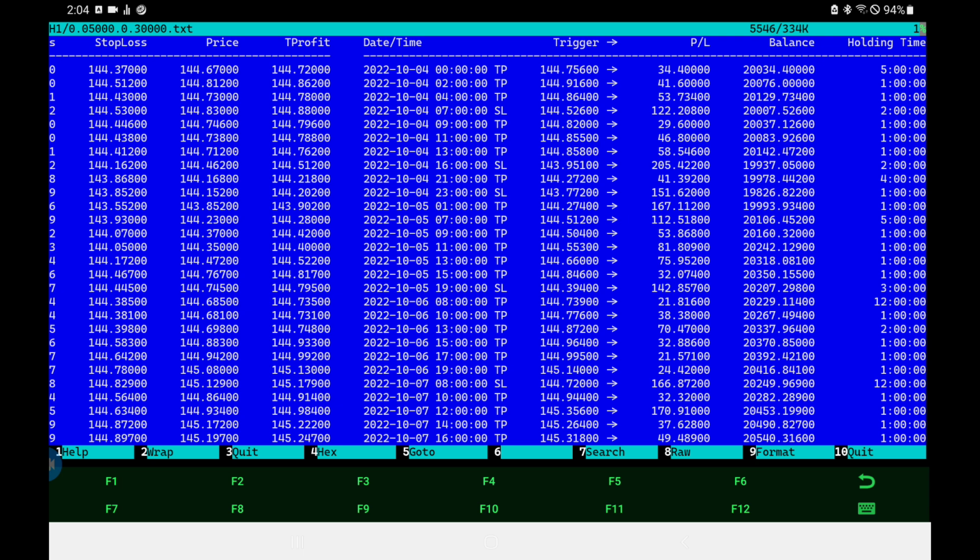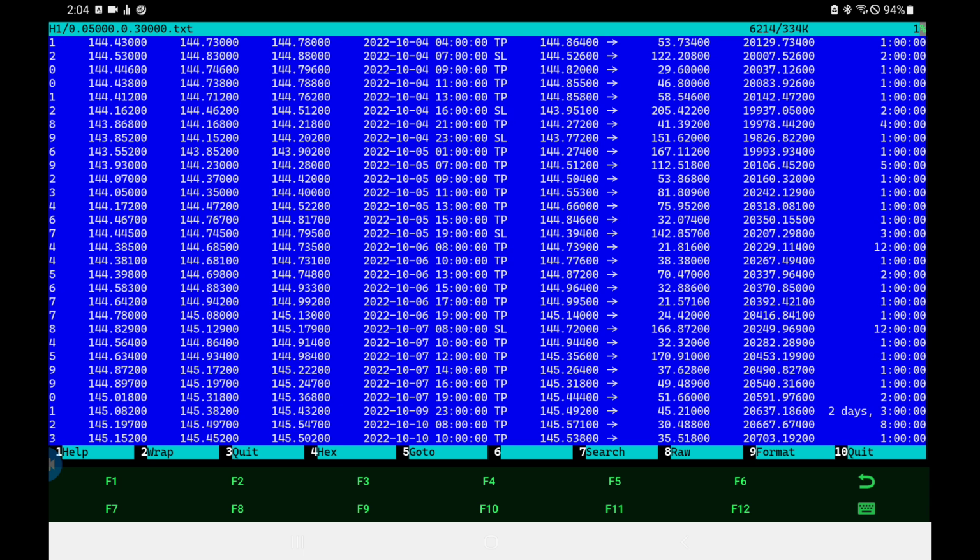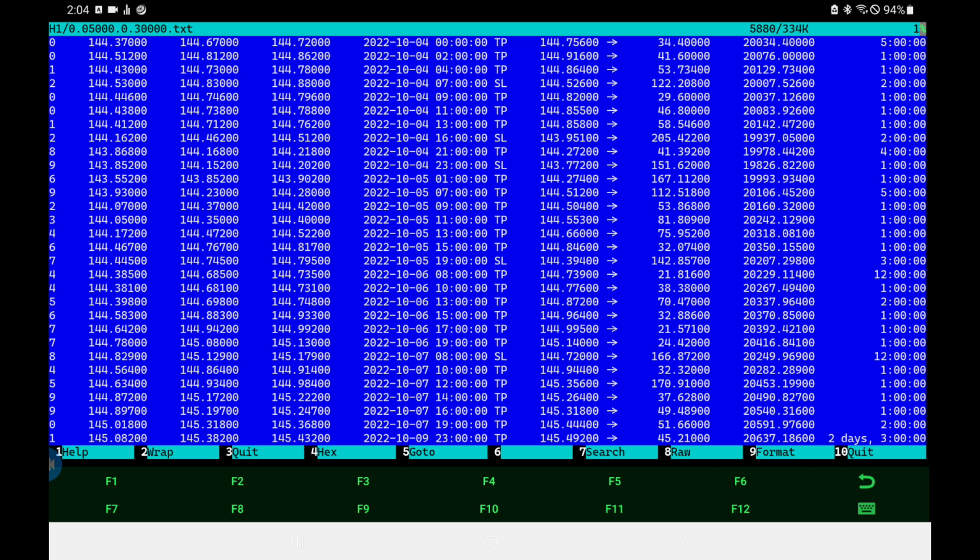So there are some extreme and critical situations that need to be worked out in terms of evaluating your risk. Here's a particular take profit that took 2 days, but it only brought in $45. Whereas this particular one brought in $170 in 1 hour.